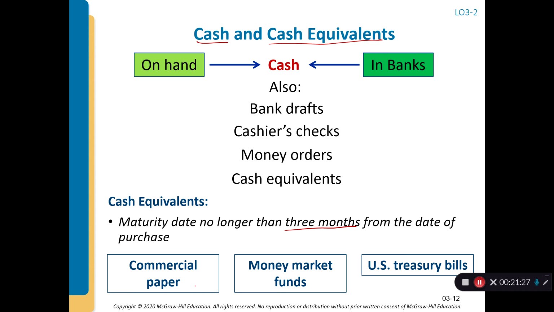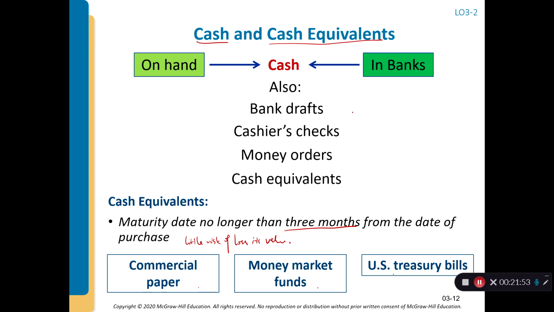So basically, these three options are cash equivalents that you can almost use as cash. If you ever wanted to convert it back, you can sell it with very little risk of losing its value, right? Okay. But I want to stress one thing.